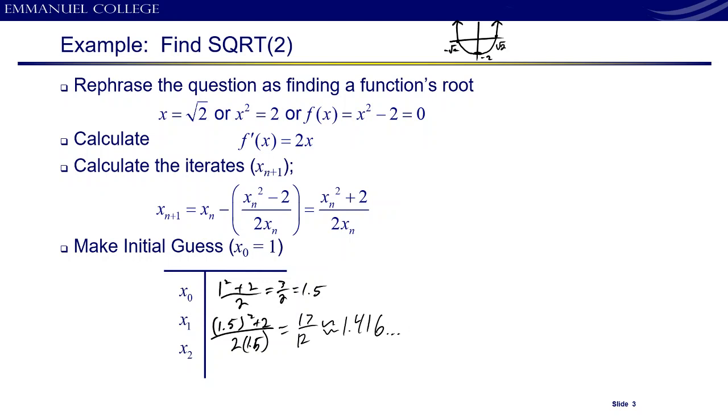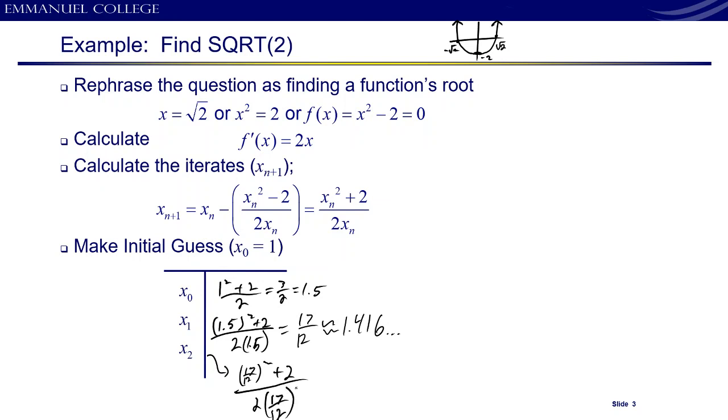So we're getting close. And then I'm going to do this one more time. So 17 over 12 squared plus 2 divided by 2 times 17 over 12.